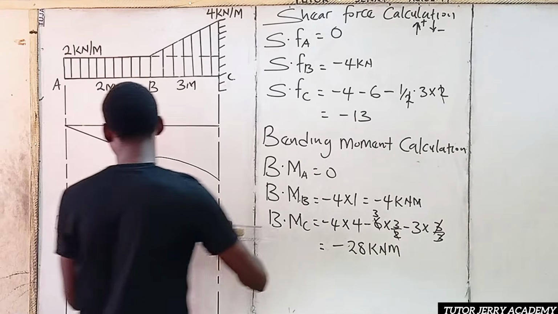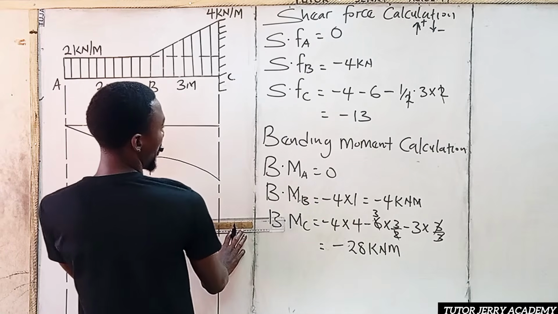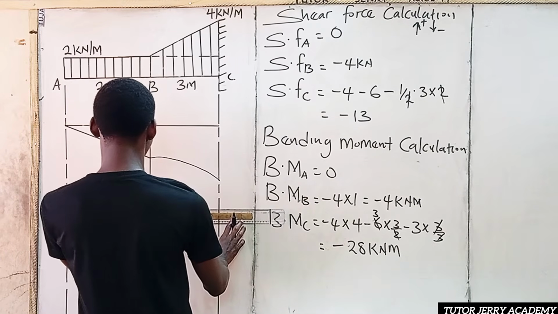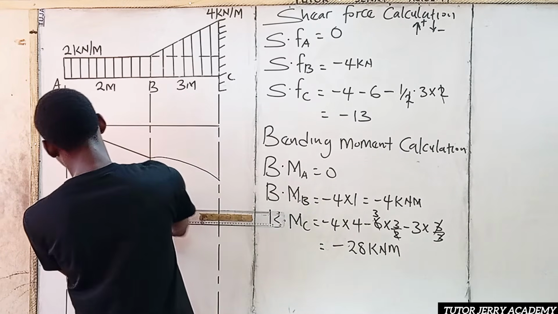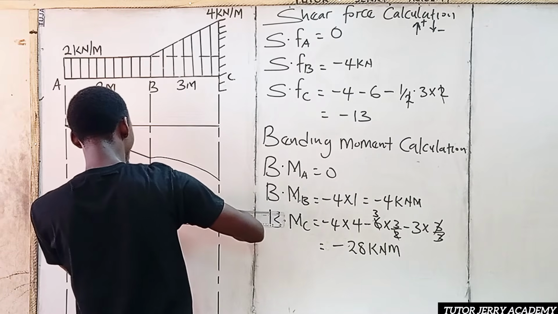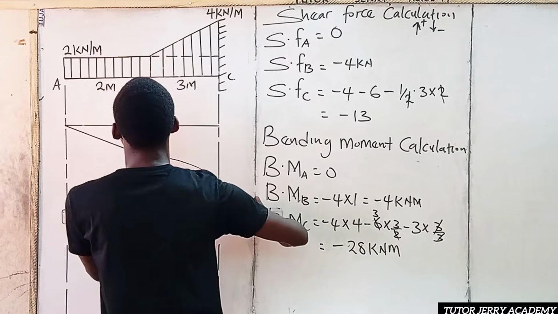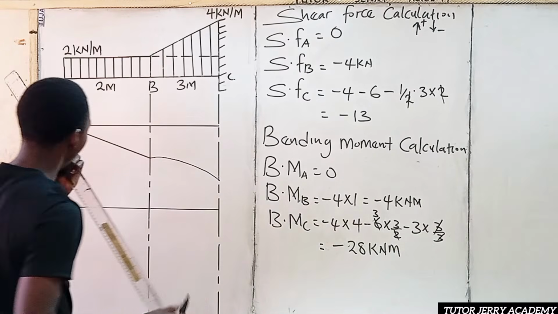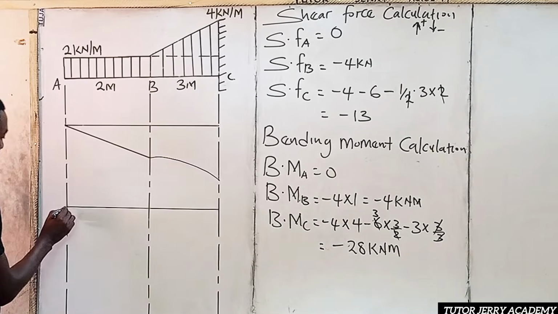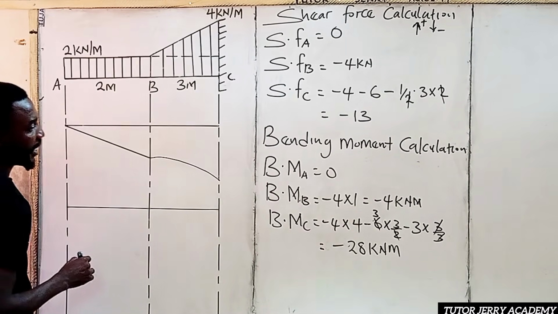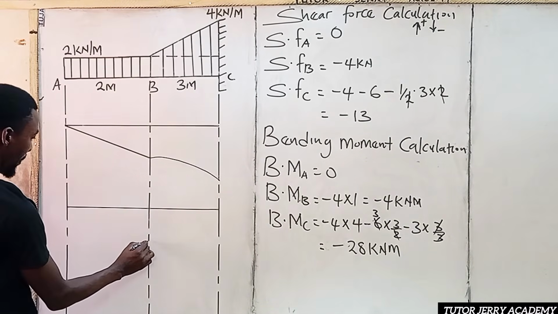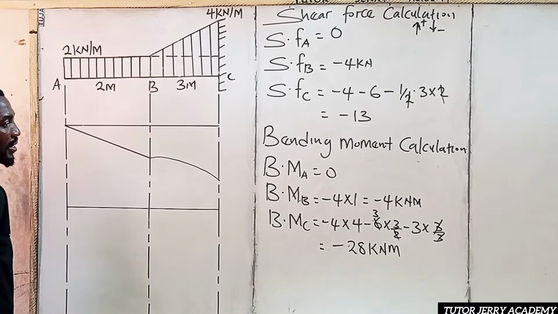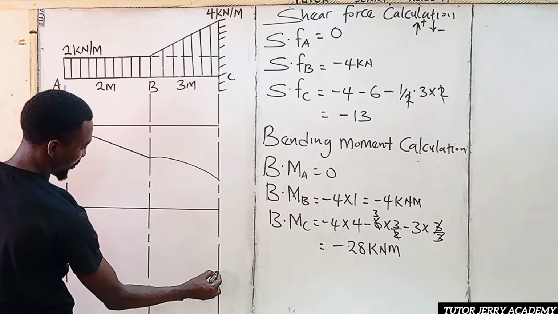So let's go for the bending moment. The bending moment at A is 0. The bending moment at B is minus 4, and the bending moment at C is minus 28.